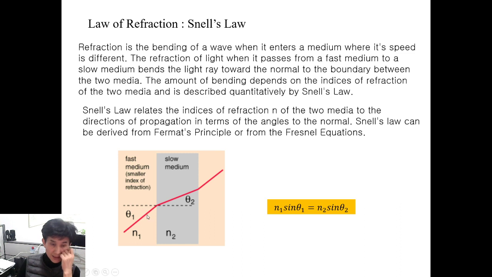So this is theta 1 and this is theta 2. The relation between N1, theta 1 and N2, theta 2 satisfies this relation, and this is called Snell's law: N1 sine theta 1 is equal to N2 sine theta 2.